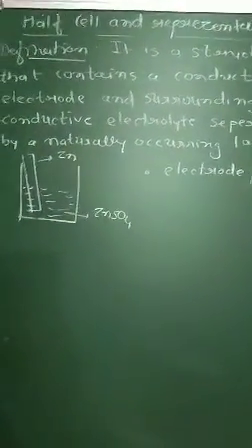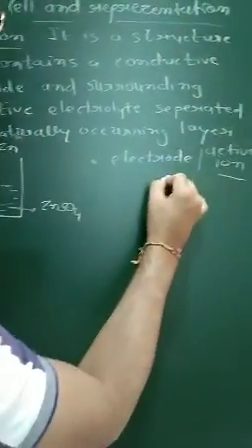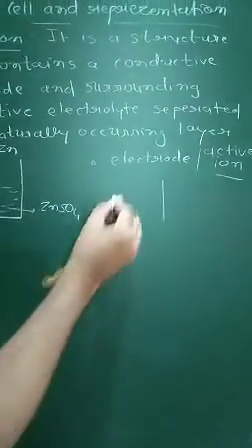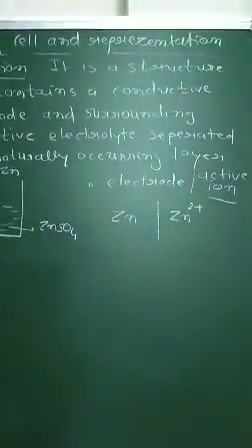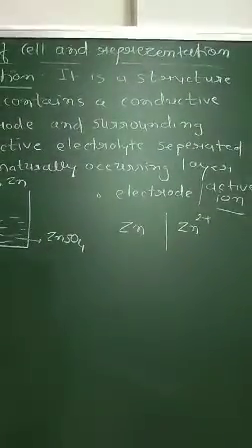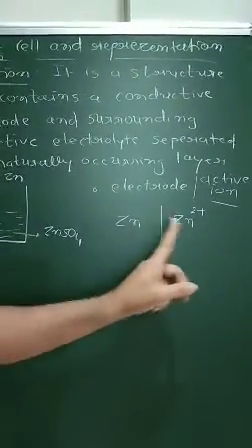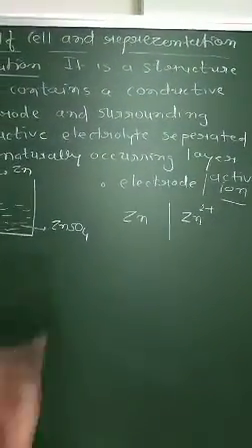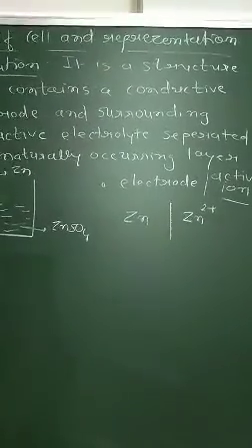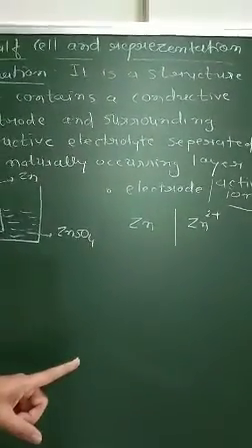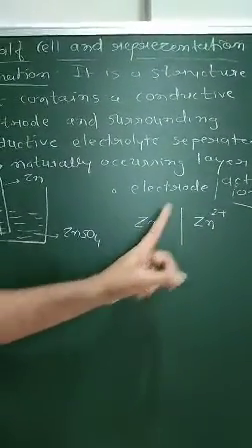Number one, it is electrode, and number two, it is active ion. Active ion means conductive electrolyte. So we have to put a vertical line between electrode and its active ion, so zinc and zinc 2 plus. So the first important point: we have to put a vertical line between electrode and active ion.